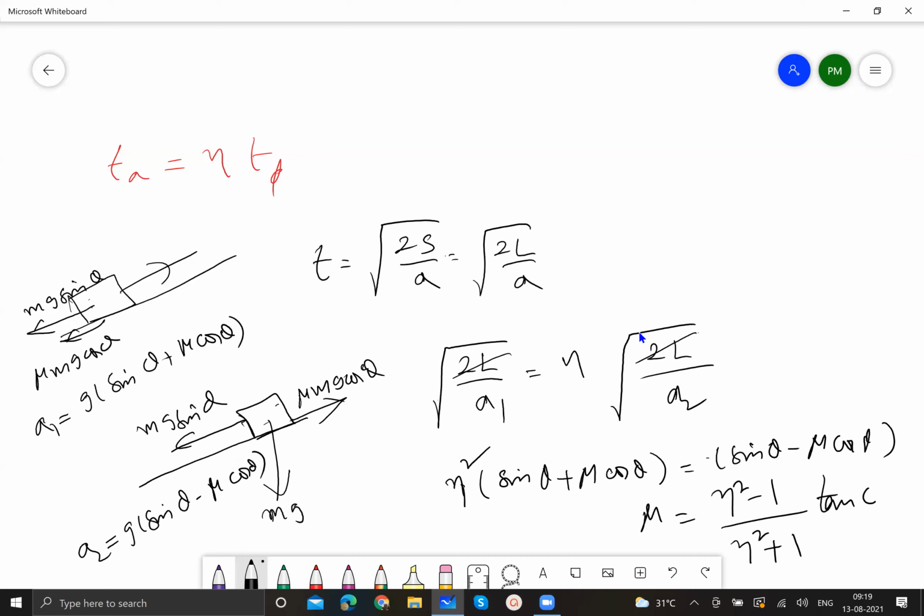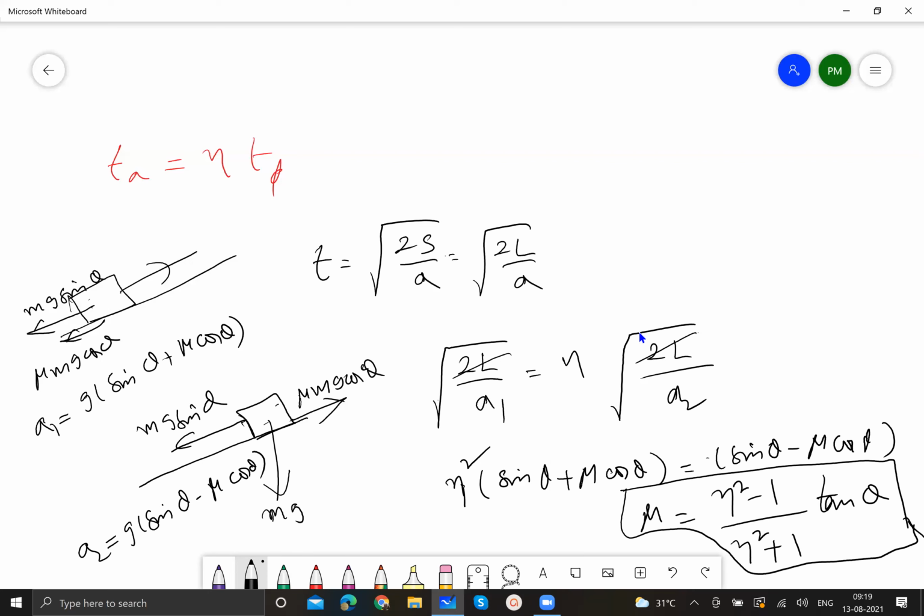into tan theta. Irodov always gives importance to relations rather than numericals. In JEE Advanced, most of the questions are relation based questions only. So eta is given as 2, therefore mu will be, that is added by me of course, 4 minus 1 is 3 and 4 plus 1 is 5.